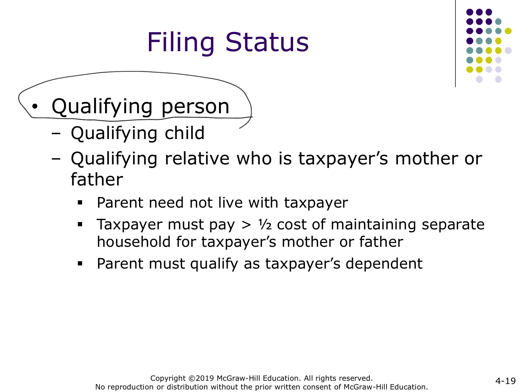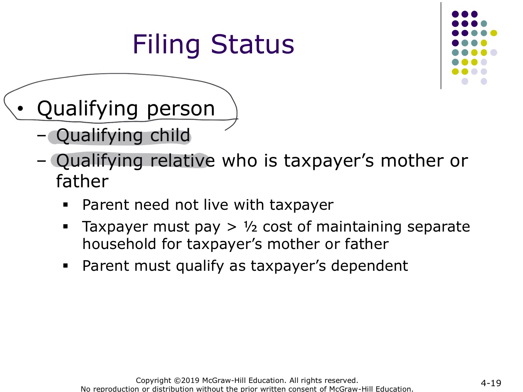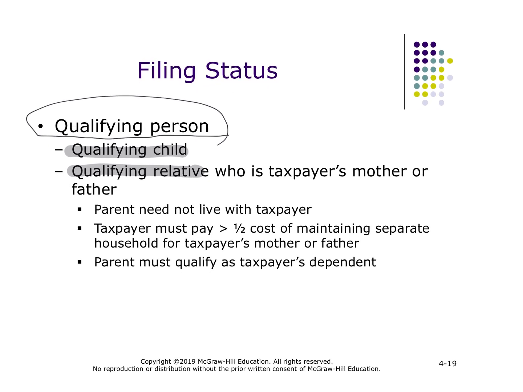And a qualifying person can be either a qualifying child or a qualifying relative, okay, who is the taxpayer's mother or father, okay? So if you have a qualifying person, all right, the parent need not live with the taxpayer. The parent must pay more than half the cost of maintaining that separate household, and the parent then must qualify as the taxpayer's dependent.